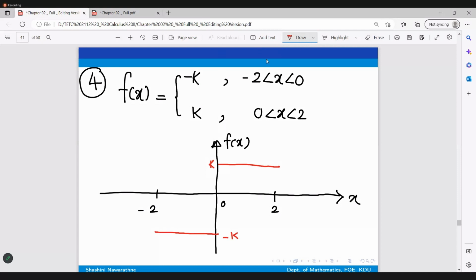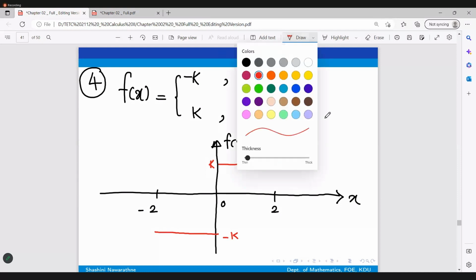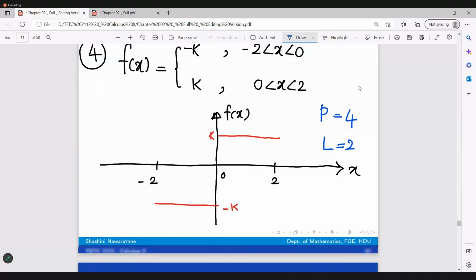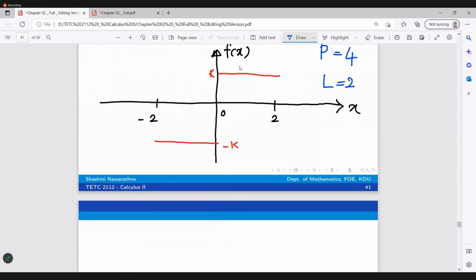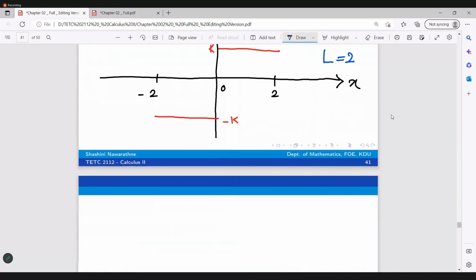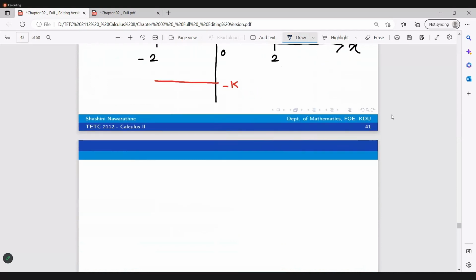So what should be the period here? What is the value of P? From this point to this point, there are 2 units, and from this point to this point, another 2 units. So the period is 4. So what is the value of L? L is equal to 2. Once you have identified the value of L, you can go ahead with the Fourier coefficients.